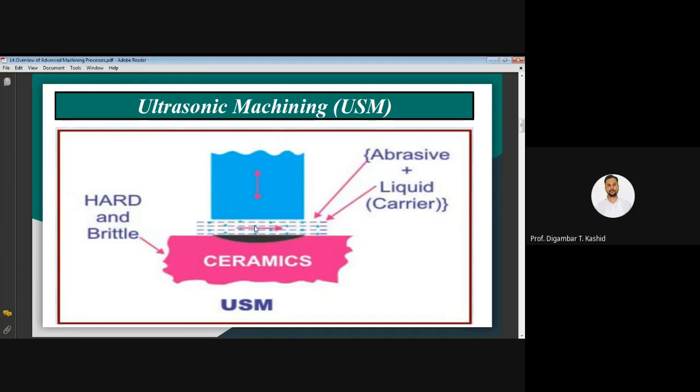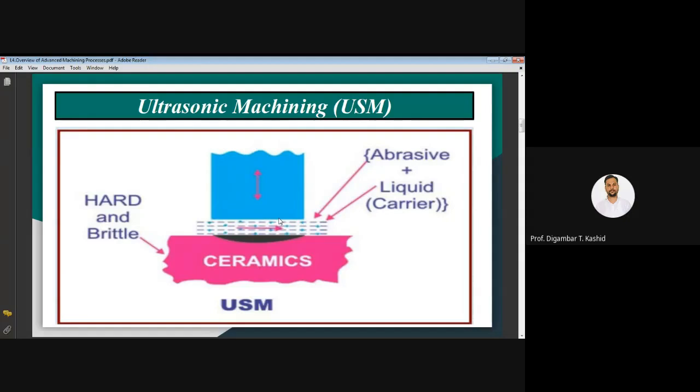Normally, whatever cavity we want on the workpiece, the same replica of that cavity we firstly have to give to our tool, so that the same replica of the tool is created on the workpiece. Now the most important statement here is that there is no physical contact between your tool and your workpiece.